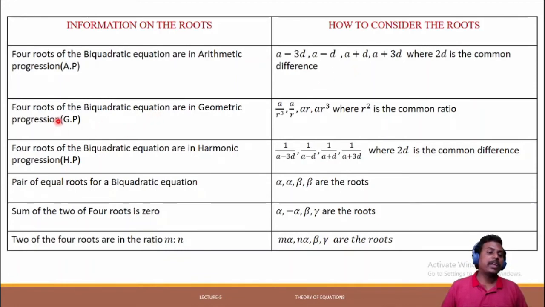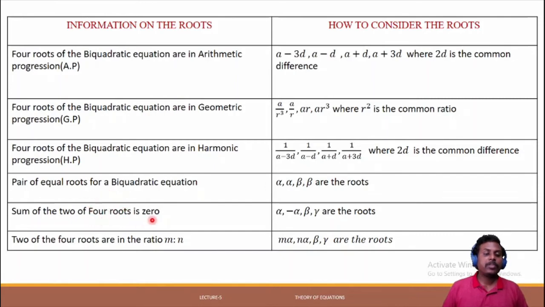Once you get the a value, you can find out the d value by looking into those relations between roots and the coefficients. Next one, four roots of a biquadratic equation are in geometric progression. Then you consider the roots as a by r cube comma a by r, ar and ar cube, where r square is a common ratio. And the next one, four roots of a biquadratic equation are in harmonic progression. Then you take the reciprocal of whatever the case we have discussed in the first. And for a pair of equal roots, you have to assume the roots as alpha, alpha, comma beta, comma gamma.